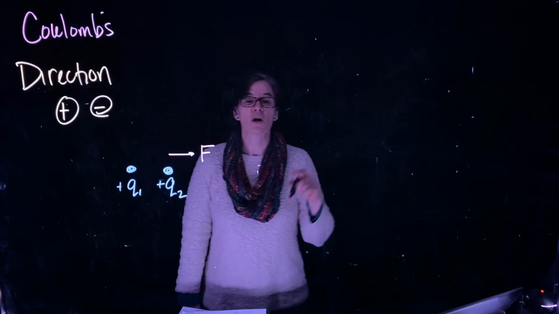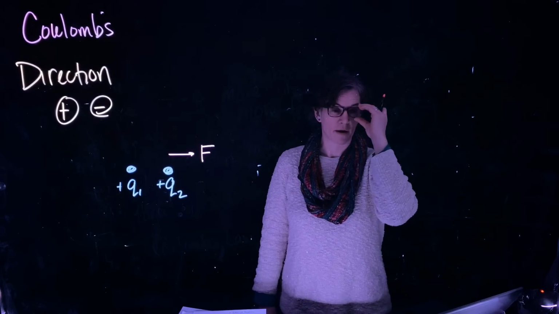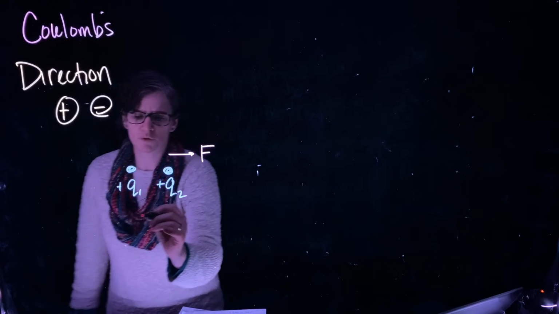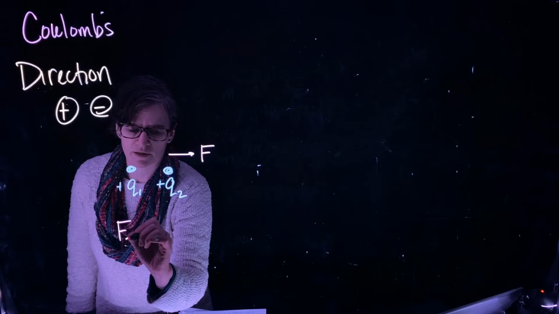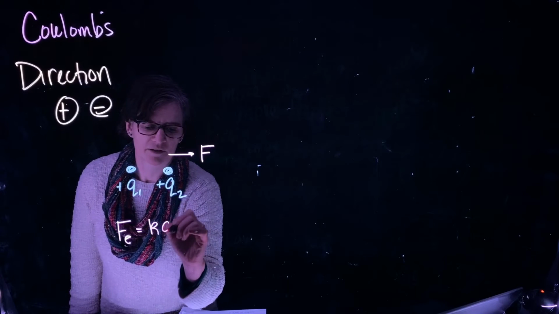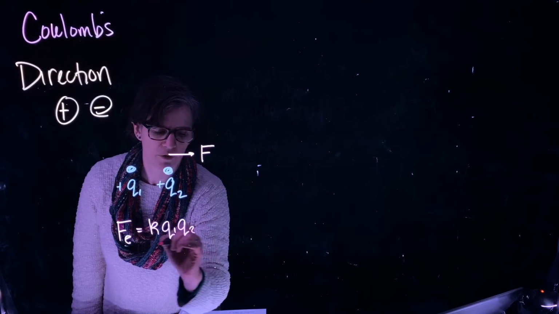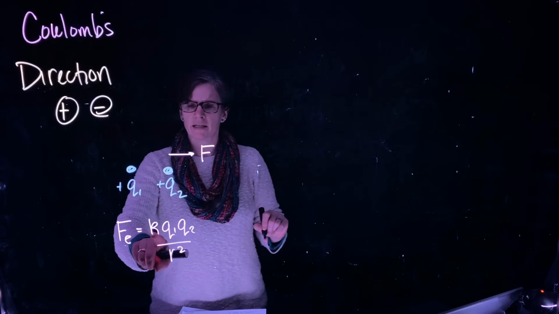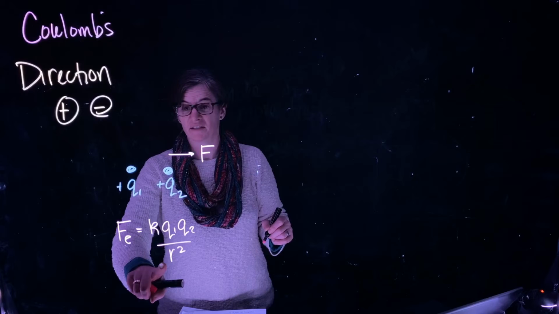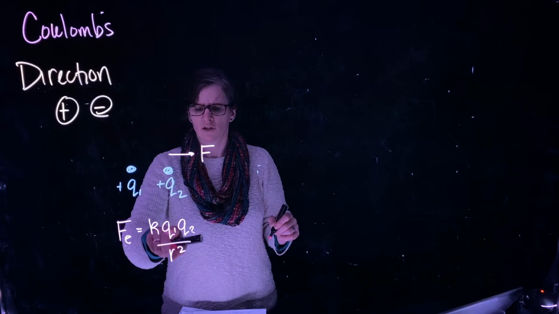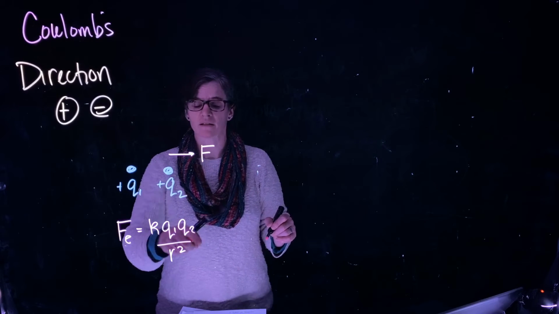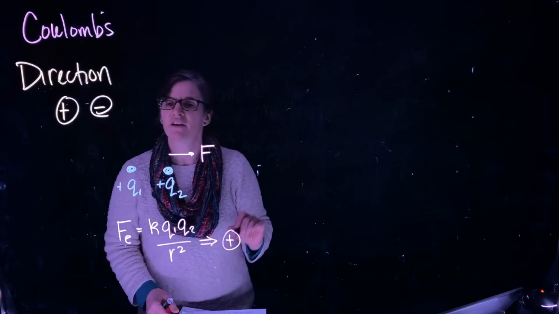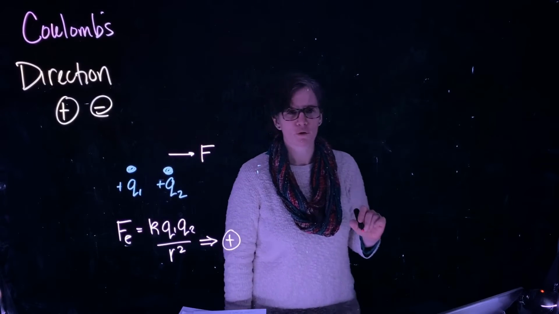So that's the force on Q2 by Q1. So it's to the right. If I were to use Coulomb's law, k q1 q2 over r squared, well, k is positive and r squared is always positive. And Q1 is positive and Q2 is positive. So I would end up with a positive value for my electric force.